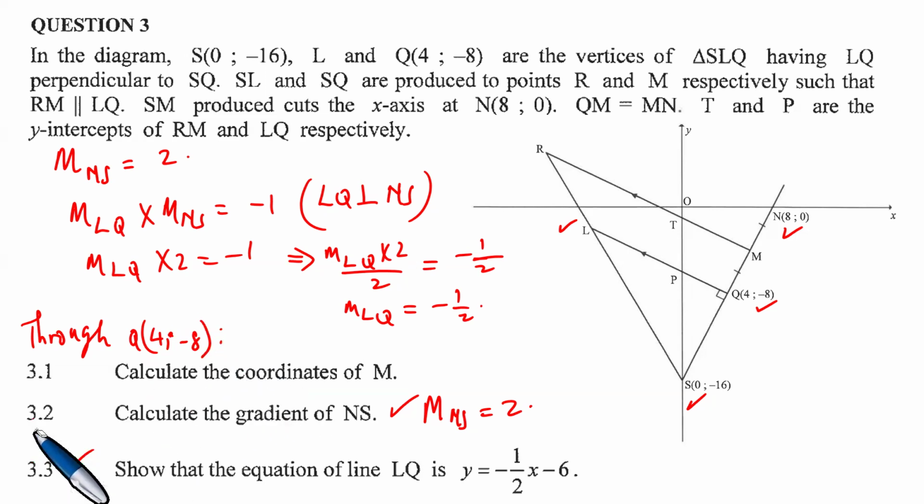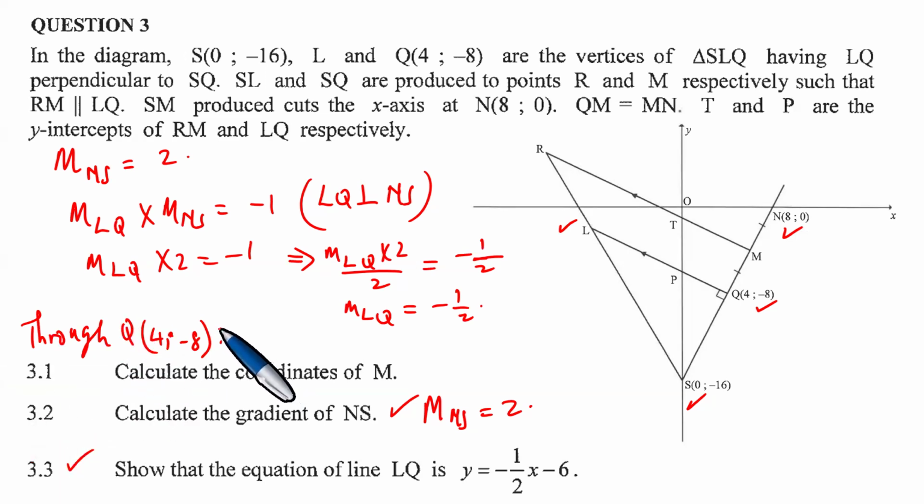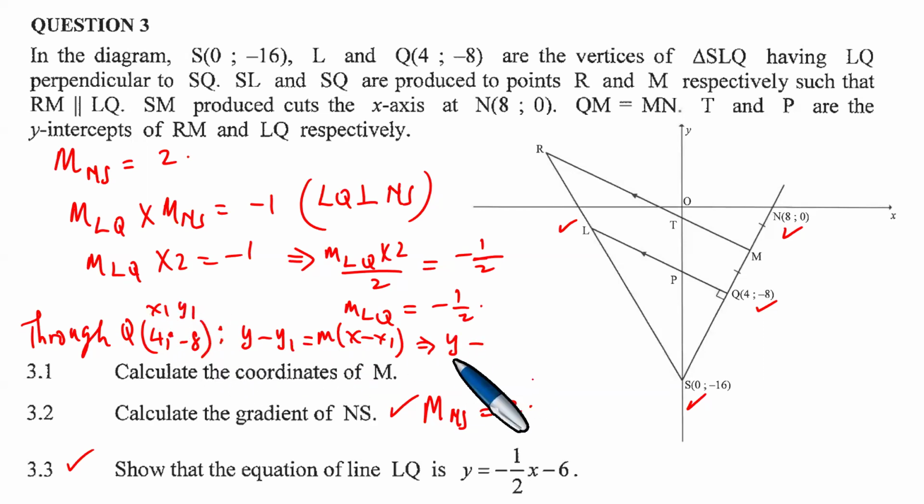The formula to find the equation of a line through a point is y minus y1 equals m into x minus x1. At the point Q we have x1, y1, so y1 is minus 8.